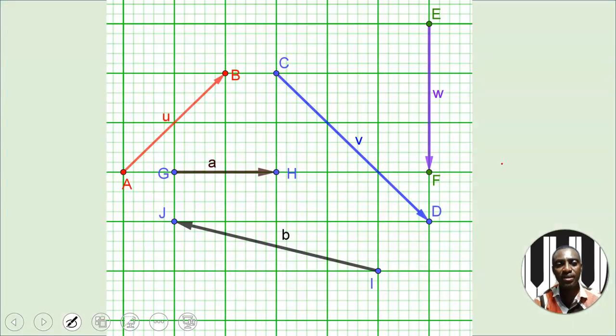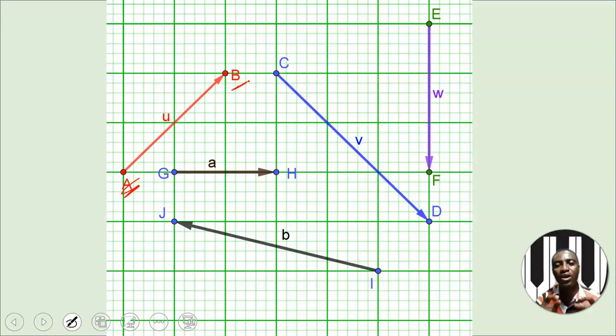Now look at these diagrams. We are going to see how we can represent each of these vectors in component form. The first one is vector AB, the red one, or we can call it vector u. Because we are starting at A and ending at B, looking at the arrow direction, we start with the x-axis movement before we go to the y-axis movement.